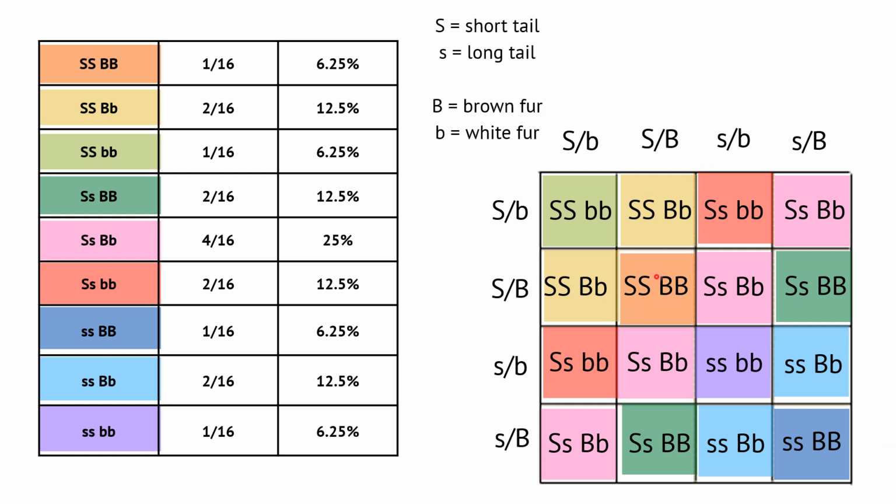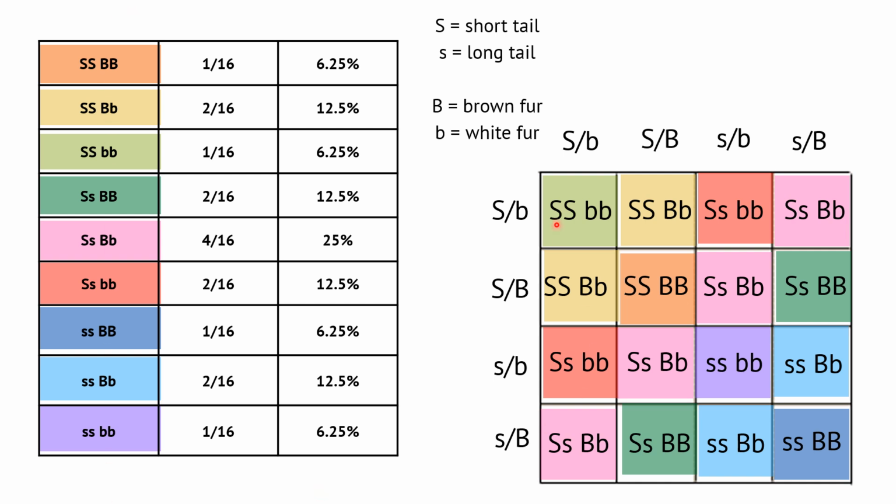So we can write 1 out of 16, and if we did the percentage, it'd be 6.25%. 2 out of 16 combinations will have homozygous dominant for the tail, but heterozygous for fur color. And then we can write 2 out of 16, 12.5%, and so on.